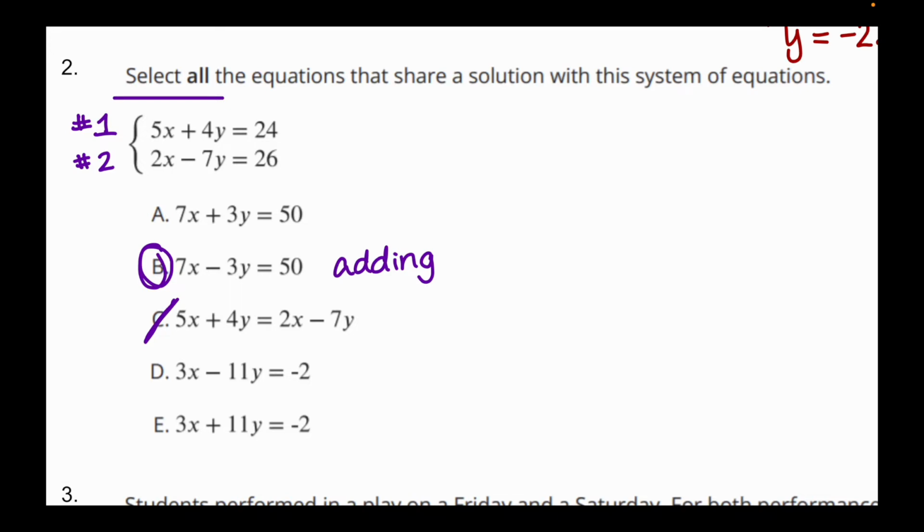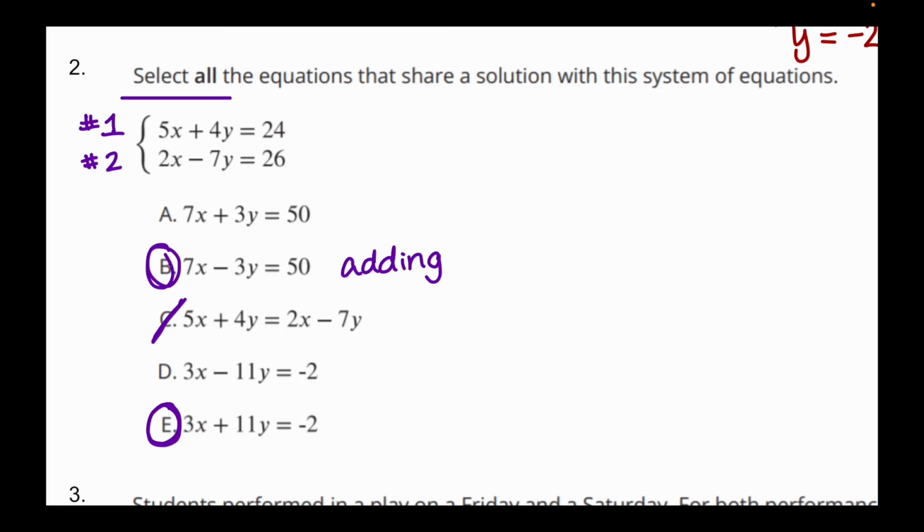But let's subtract. So let's actually do 5 minus 2. That's going to give me 3. And 4 minus negative 7 is like 4 plus 7, which is going to be positive 11, and then negative 2. So subtracting, so equation number 1 minus equation number 2 is going to give me E. So this is number 1 minus number 2.